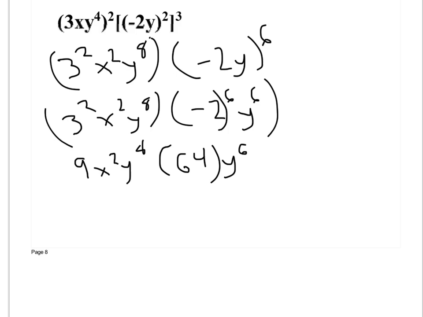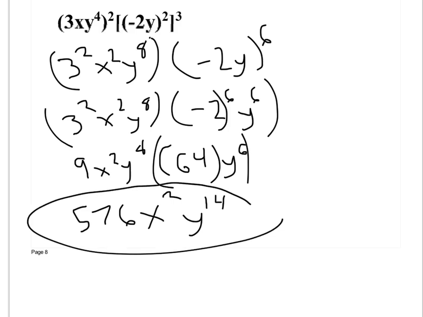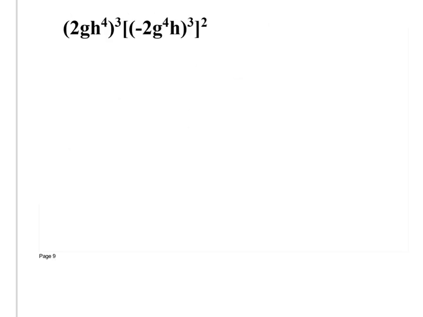So we're multiplying all of this. So 9 times 64 is 576. X squared, there's not any other x squared, so we just leave it. And we multiply y to the 8th and y to the 6th. When I multiply bases, I add exponents, so that gives me y to the 14th. There's my answer.